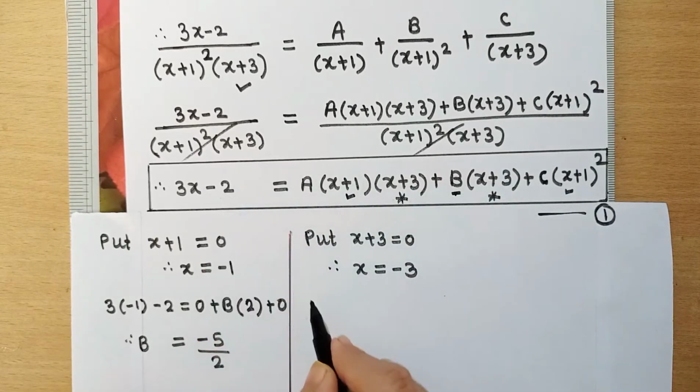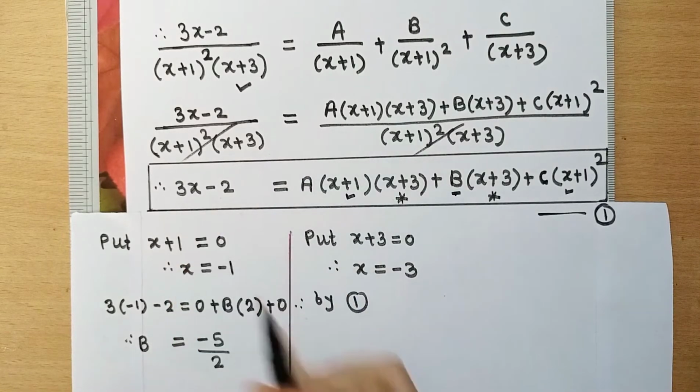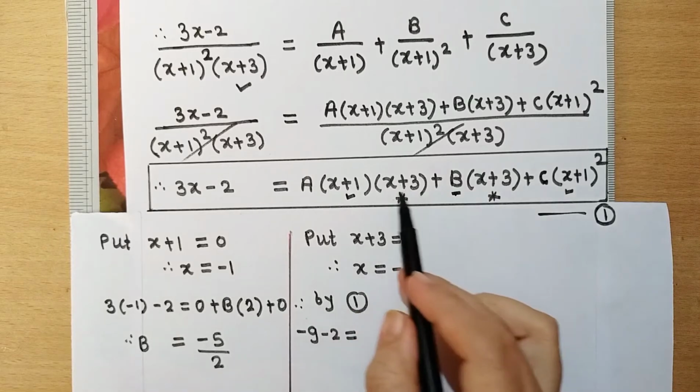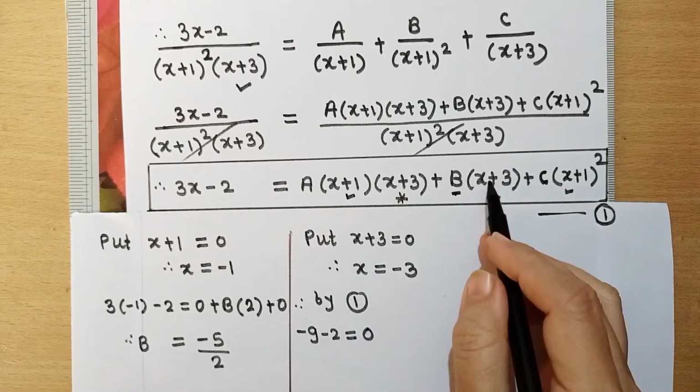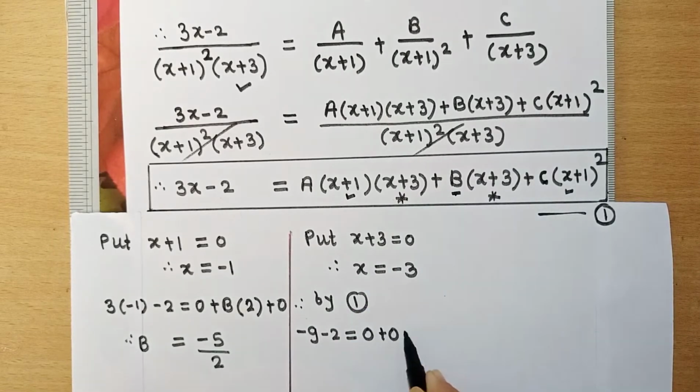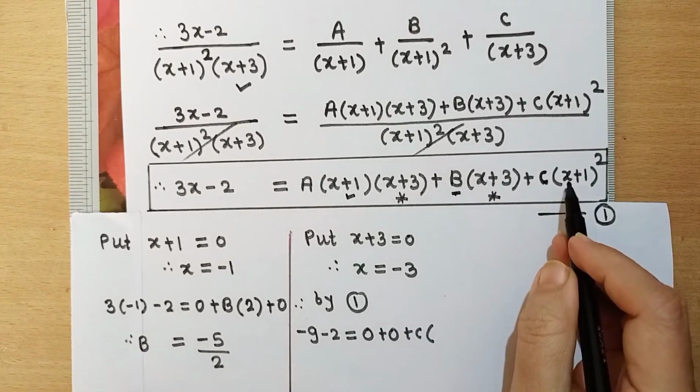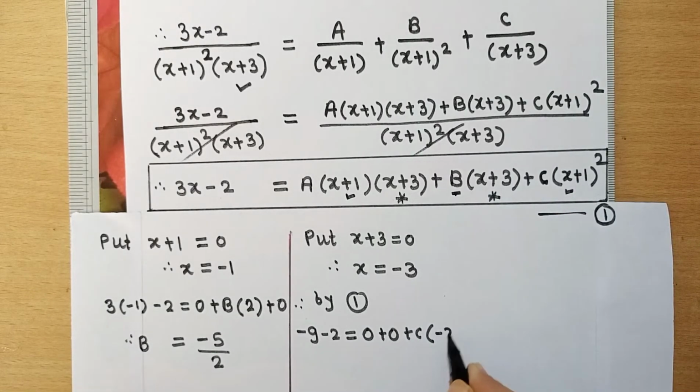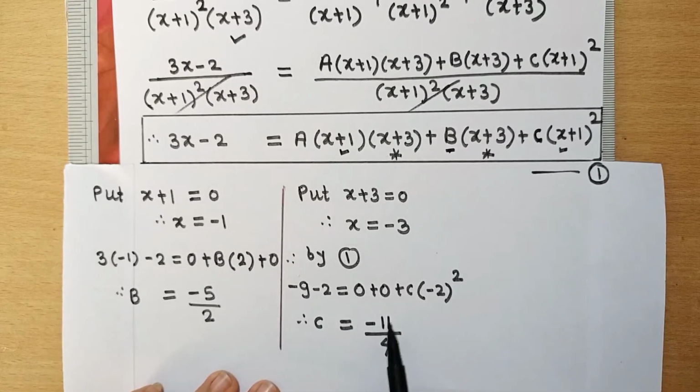We will substitute here, and therefore this is minus 9 minus 2, this is equal to, this bracket equal to 0, so here 0, this also 0, and C, and here minus 3 plus 1 is minus 2 bracket square, and so the value of C is minus 9 minus 2, which is minus 11, and minus 2 square is 4, so minus 11 upon 4 is the value of C.